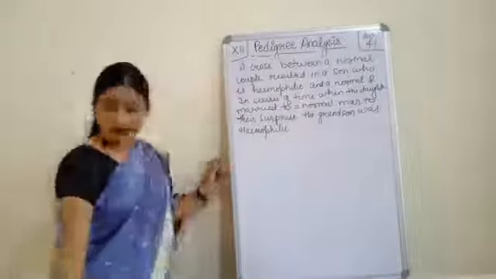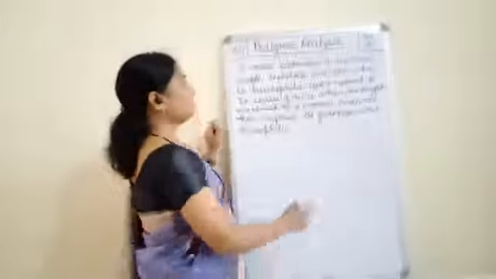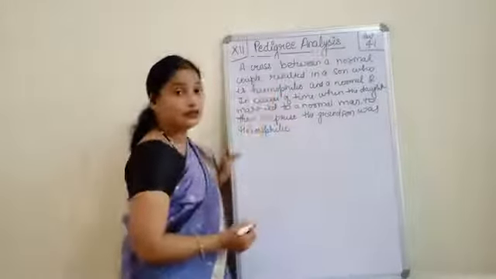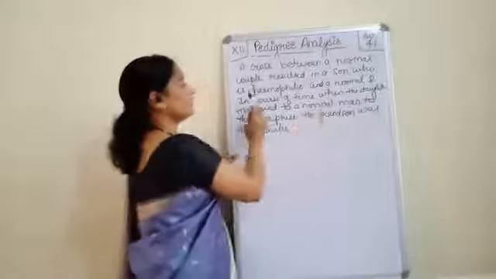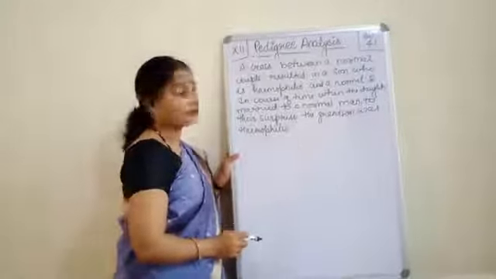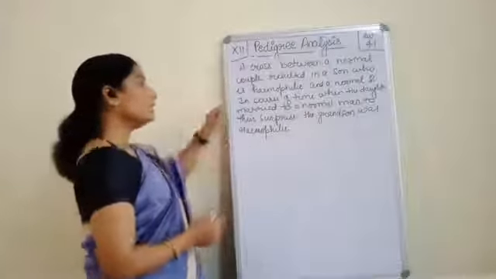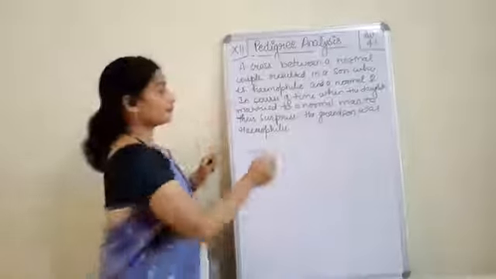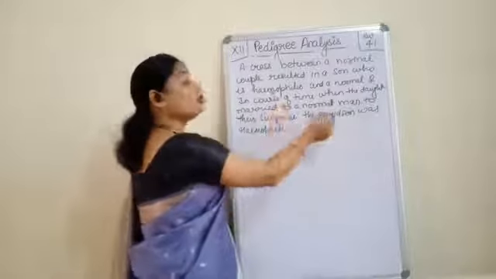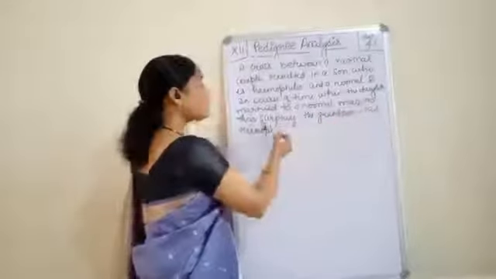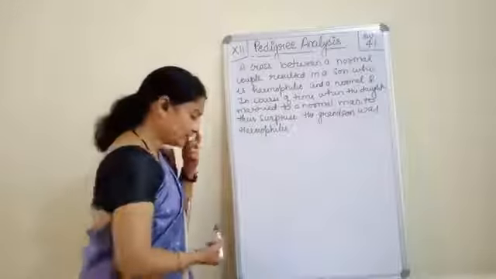The question is, a cross between a normal couple resulted in a son who is hemophilic and a normal daughter. In course of time, when the daughter was married to a normal man, to their surprise, the grandson was hemophilic.